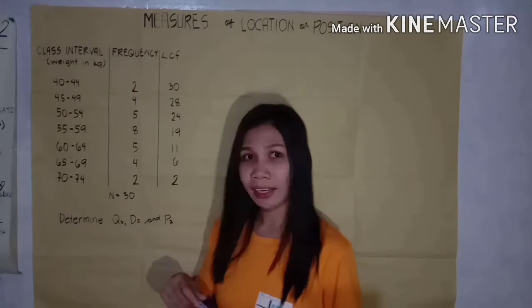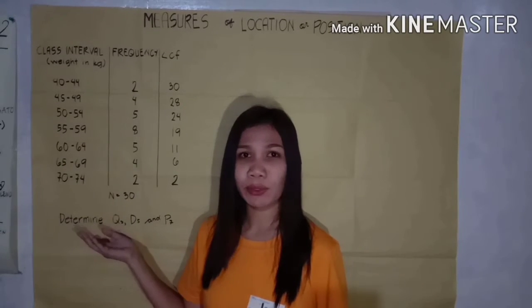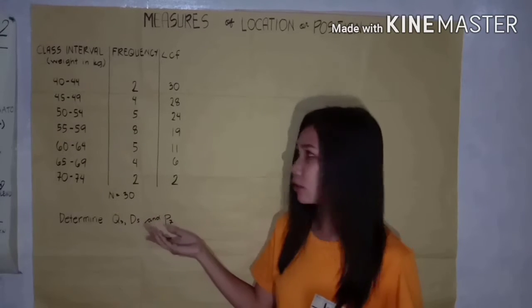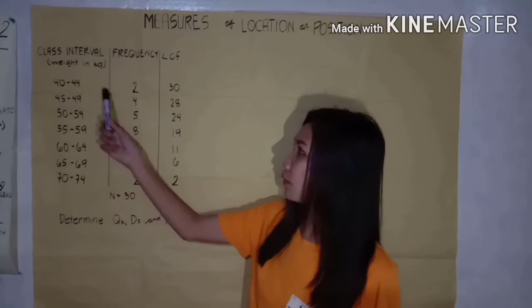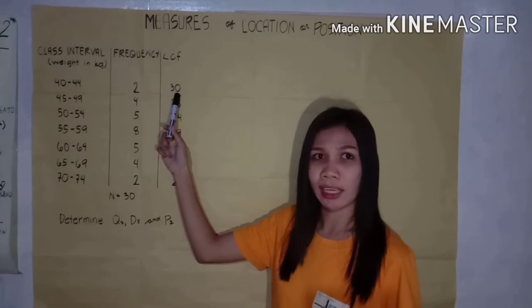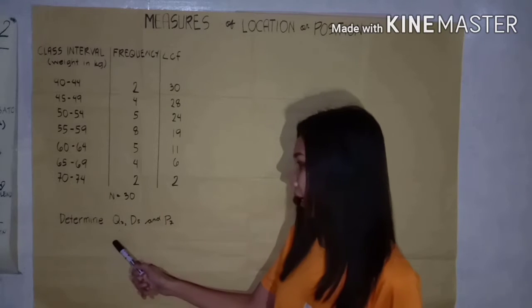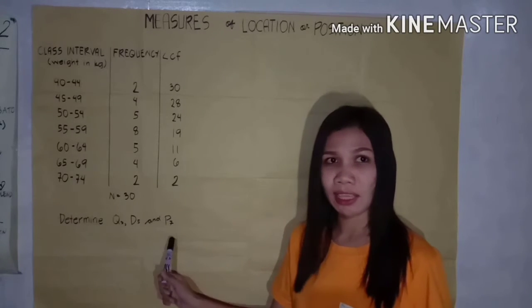I have here a table of the weight of grade 11 students in the first section. We have the class interval, the frequency, and the cumulative frequency. What we need to do is determine Q3, D5, and P7.